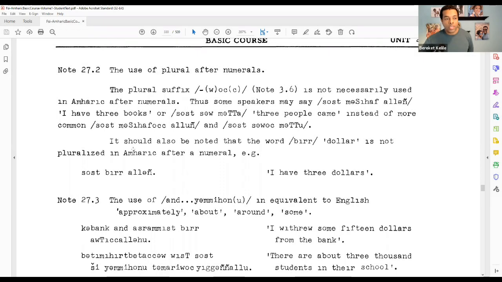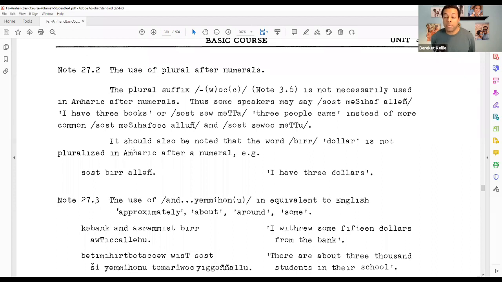Now we look at note 27.2, the use of plural after numerals. We look back at note 3.6, where we saw the plural suffix och after certain nouns like masafoch, betoch, soyoch. It's not necessarily used after numerals.